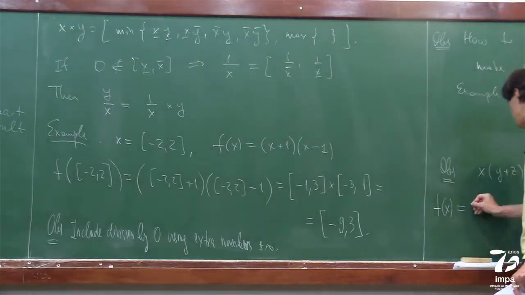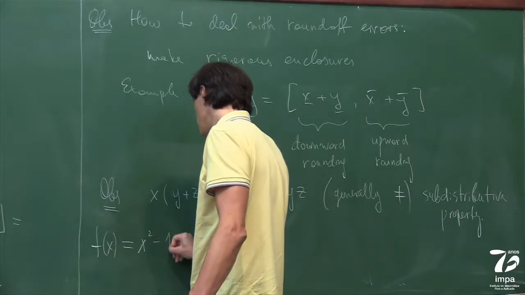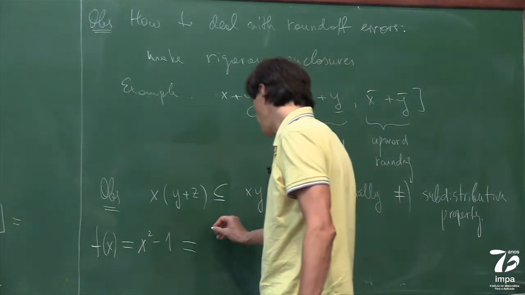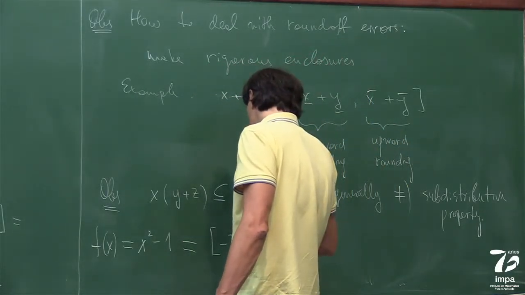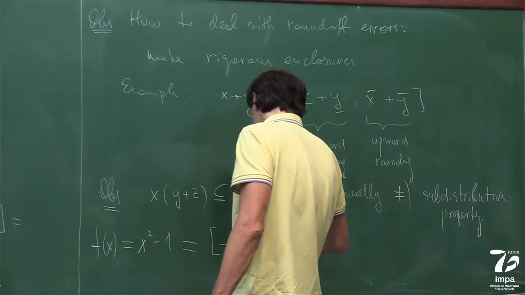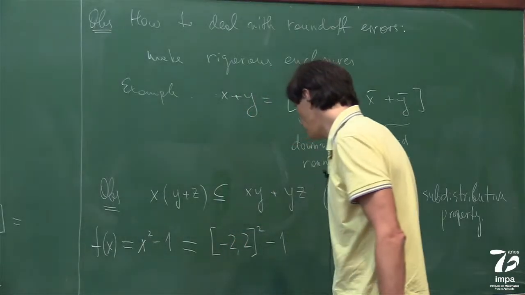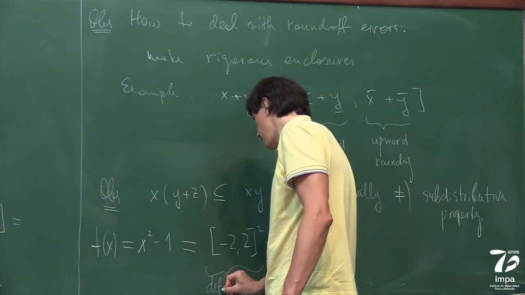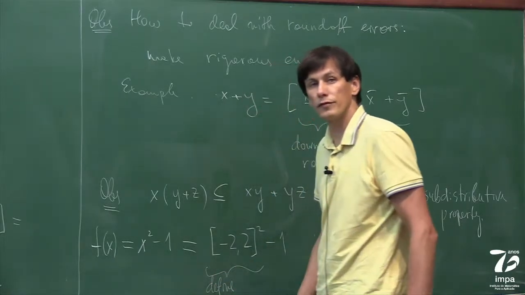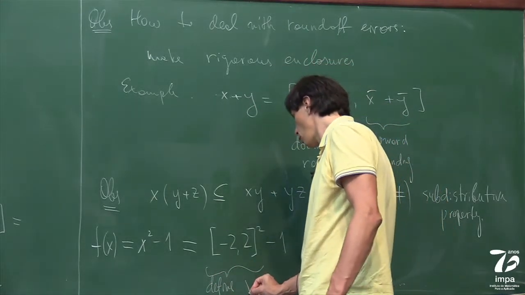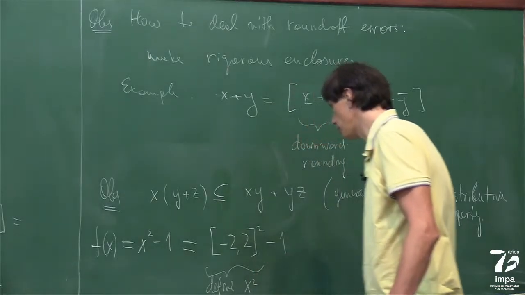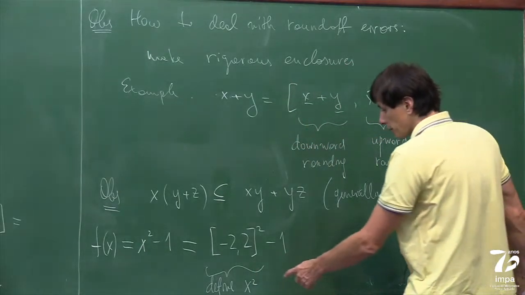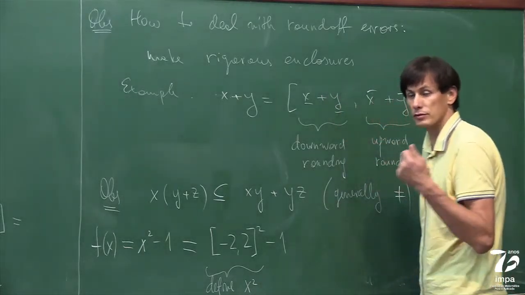So it will be x squared minus 1, and that will be minus 2 squared minus 1. Now you can make a definition of what is x squared, right? So you can define x squared, given an interval.